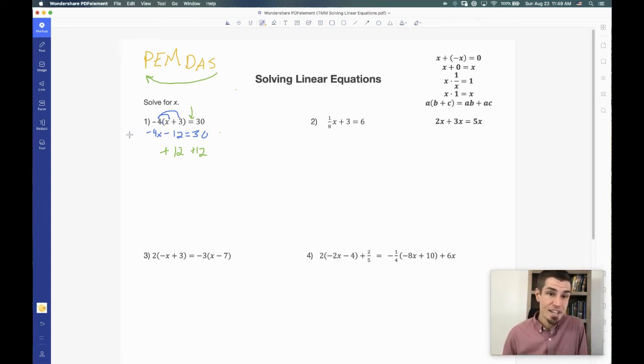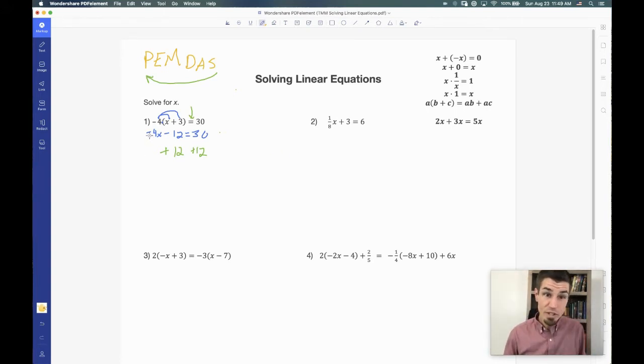So you cannot combine negative 4x with 12, so it doesn't make sense to put it right there. But you can combine the negative 12 with the 12. And really, this is what we're trying to get rid of anyways. So let's just put our work right underneath what we're trying to operate on. And in the same way, let's put the plus 12 right below the 30 so that we can do all of our operations organized in a vertical manner.